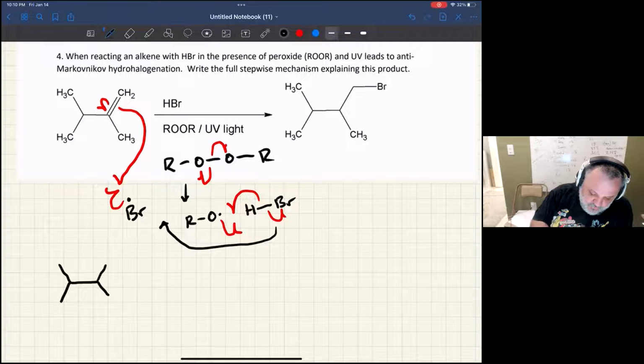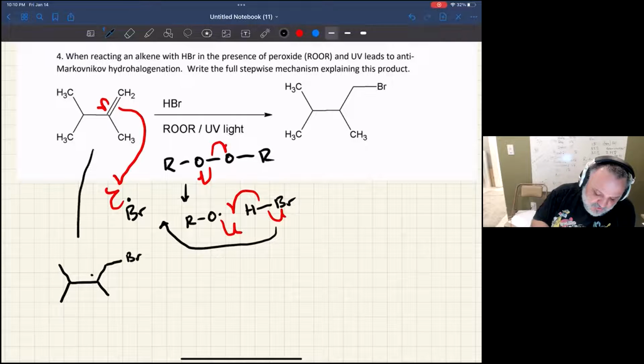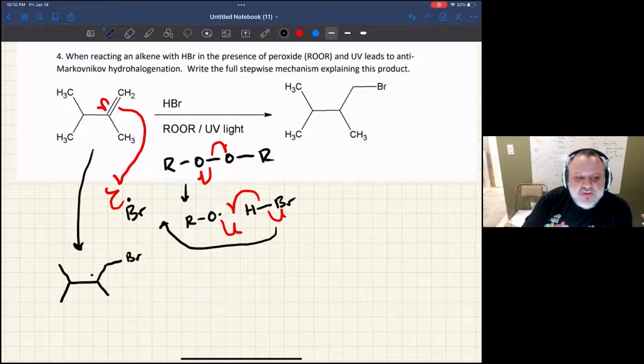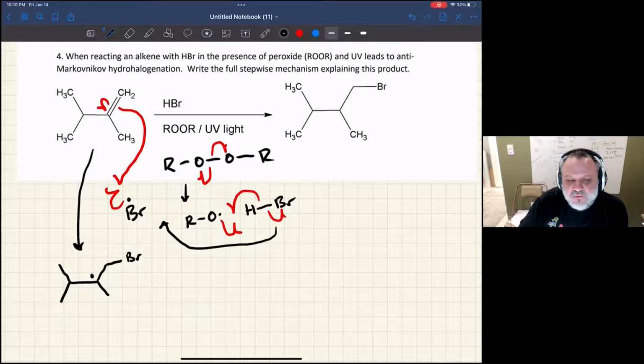Well, of course, it's going to be the more stable carbon. And so this is what explains the anti-Markovnikov addition of the Br, is because in this step, we are forming a radical, and that radical wants to be the most stable radical, just like it would in the Markovnikov addition, where we're going to form an intermediate carbocation.